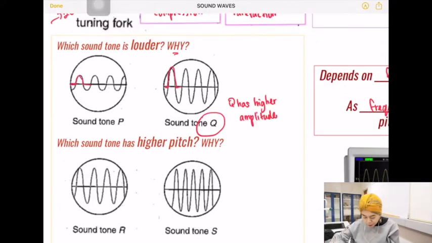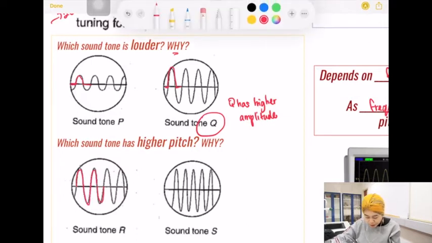And then the second one is sound tone R and sound tone S. We need to find which one has higher pitch. In terms of pitch, we need to be looking at the frequency. This one here is the wavelength, from here to here. And the wavelength for this part is from here to here. So this is a shorter wavelength and this is a longer wavelength.